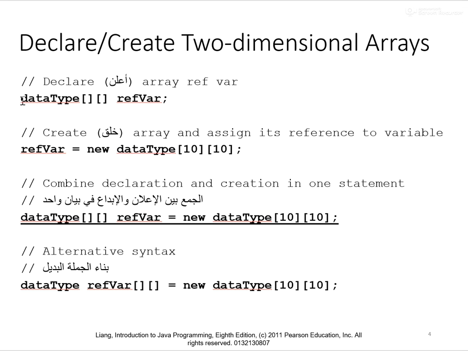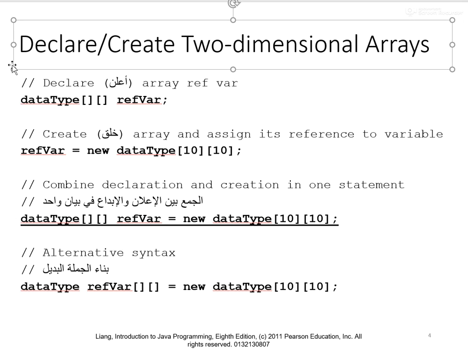This is just a very general form. First the name of the data type. All elements stored in an array have to be of the same data type, of course. They have to be either all integers or all double precision floating point numbers or characters and so on. So the data type goes over here.